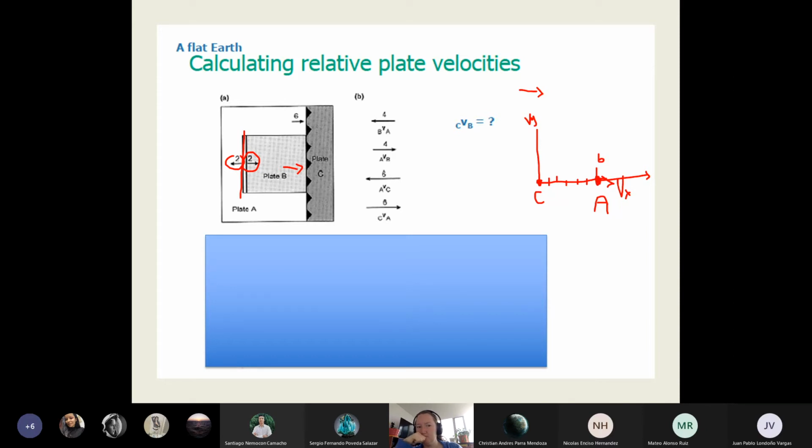If I fix plate A, plate B is moving away at 4. If I fix the ridge, they're both moving at 2. And if I fix plate B, A is moving away at 4. So that was the trick part here. I have to put plate B 4 units to the right of plate A on my velocity diagram. So 1, 2, 3, 4, and this is 10. Okay.